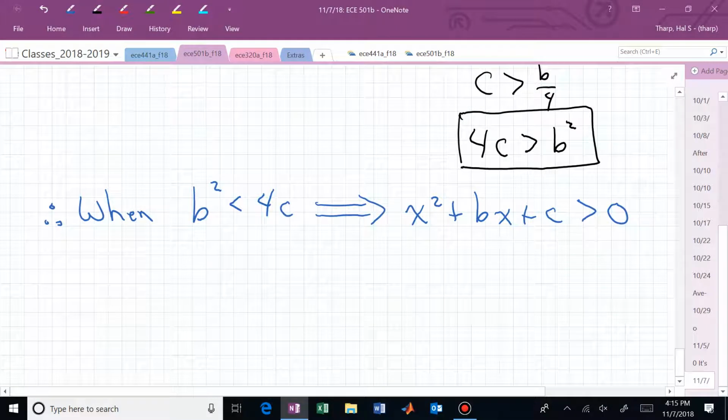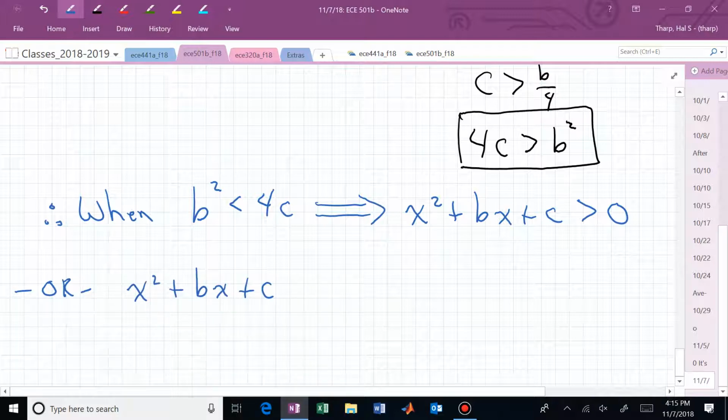Since x squared plus bx plus c is bigger than 0, we could also say x squared plus bx plus c is an invertible number.